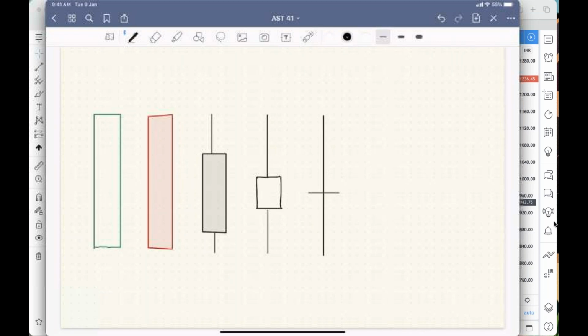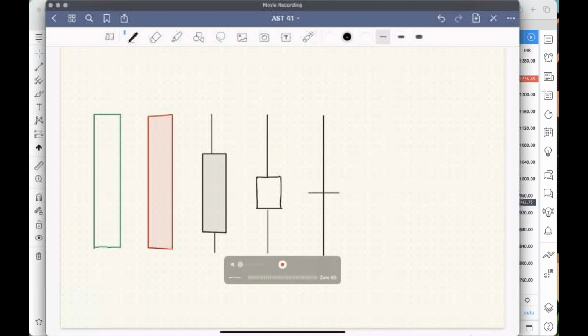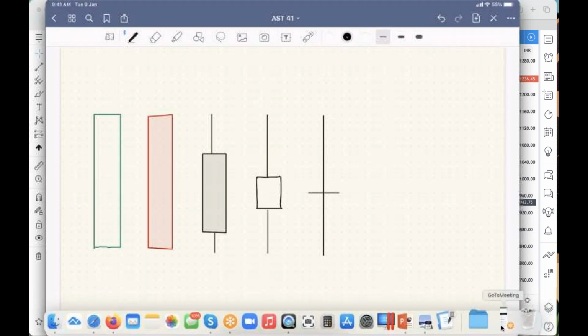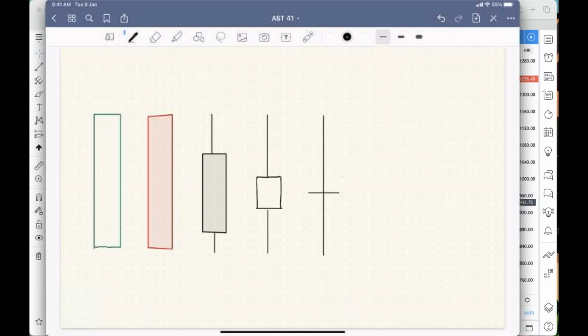You will notice that in these 5 cases that I've drawn here, I have purposely drawn them in such a manner so that the high and the low are the same. All of these 5 candles have the same high and the same low, which means that the range is the same, which means that the distance they have traveled is the same.